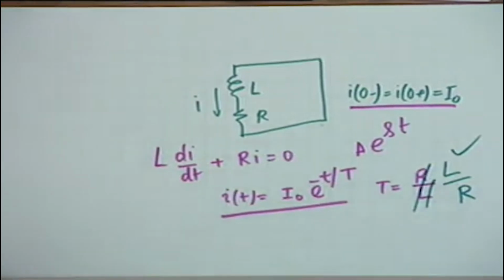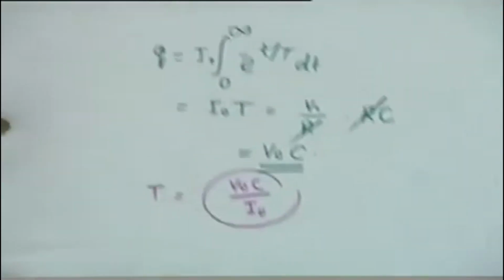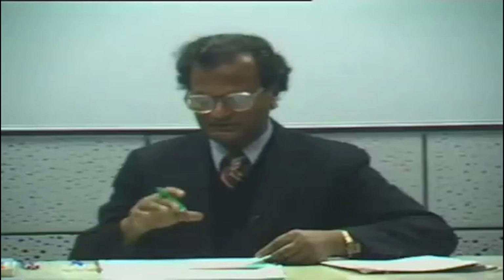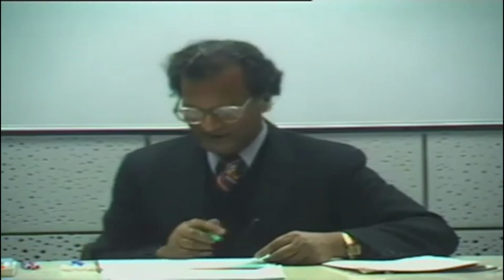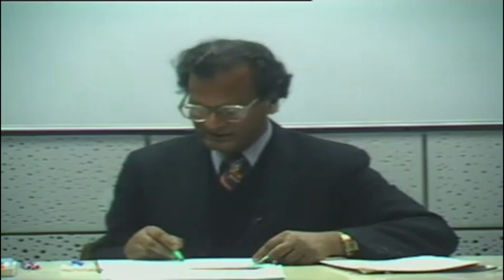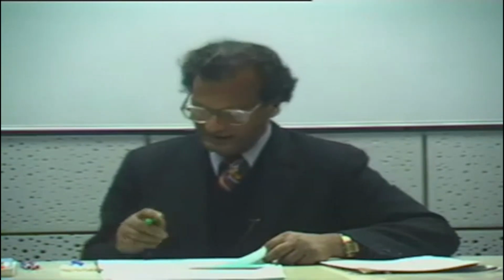All right. Now, an interpretation of the time constant. It's more evident in the capacitor resistor circuit. The capacitor started with a total charge of V0C, and you see, if it had sent a constant current I0, then it requires only a time equal to capital T to lose the whole charge.